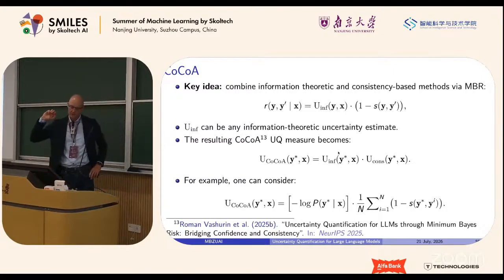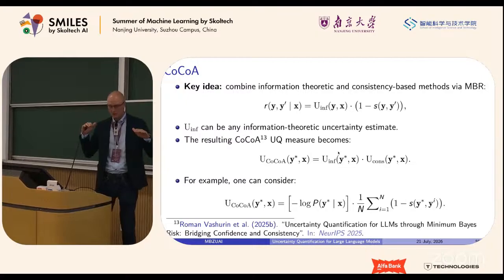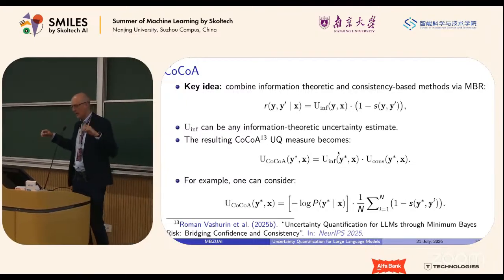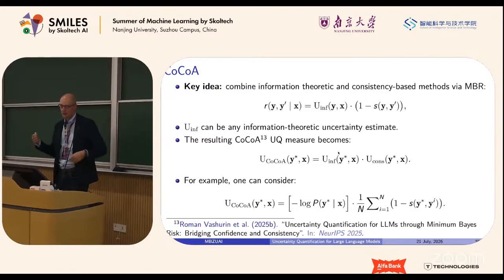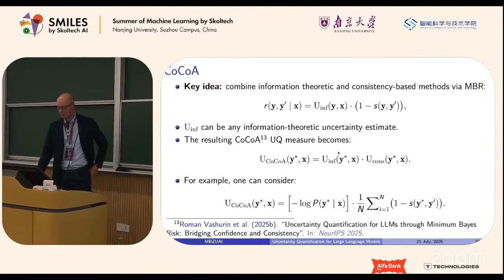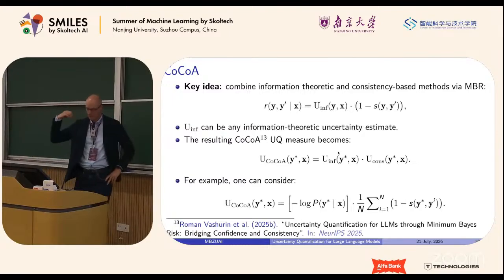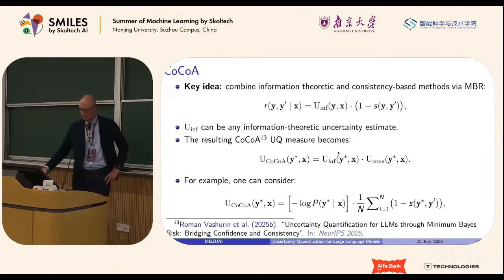So we have a component that is responsible for understanding how different the answers are across the whole generation, and how credible the answer is that we are particularly showing to the user. That's why this method, COCOA, works way better than, let's say, semantic entropy, because it takes into account the spread of the distribution and the credibility, the confidence, of the particular answer.